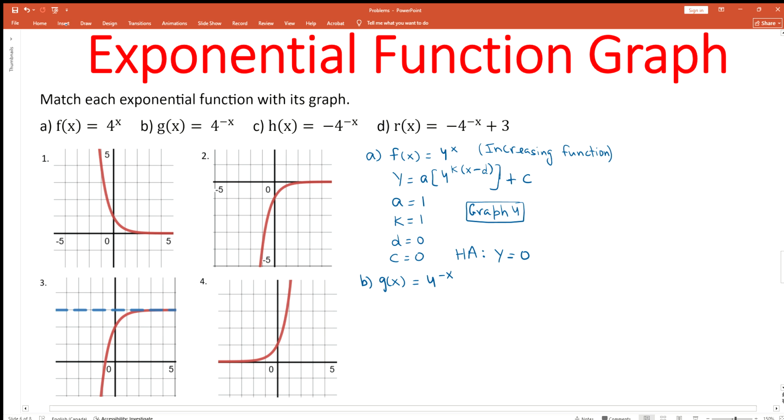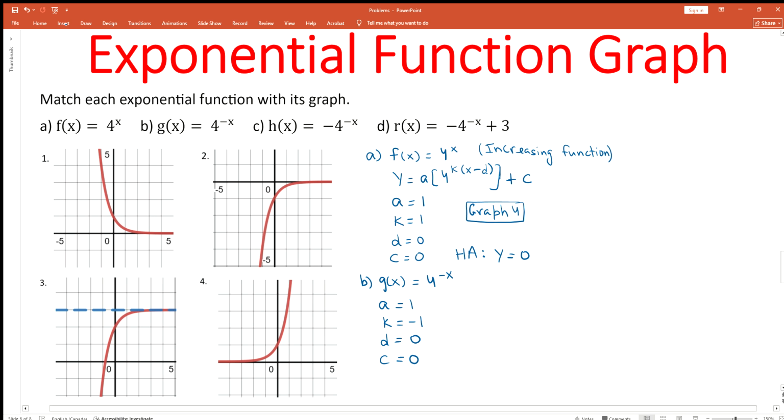If we compare the general transformed equation with the function equation for g(x), we can see that a is equal to 1, k is equal to negative 1, d is equal to 0, and c is equal to 0. k is equal to negative 1 because of the negative sign with x.